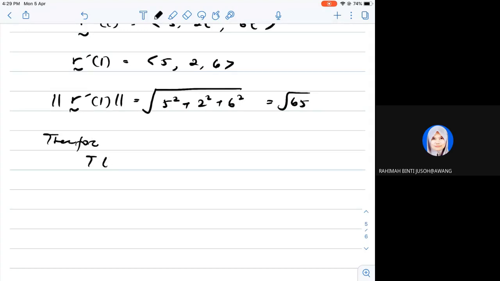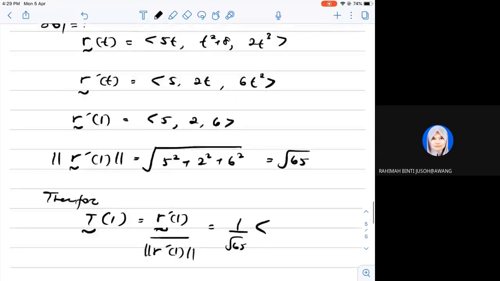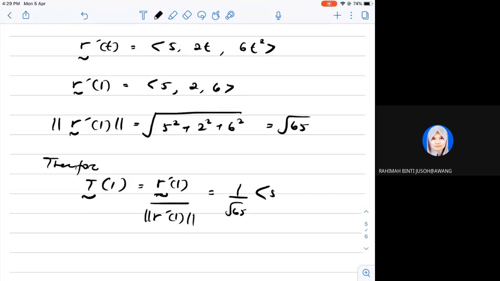At time t equals to 1, so unit tangent vector at time t equals to 1 is r prime 1 divides by magnitude of r prime 1. So kita ada 1 over square root 65, darabkan dengan mana vektor tadi? 5, 2, 6. Macam tu. So that's the answer. Okay.